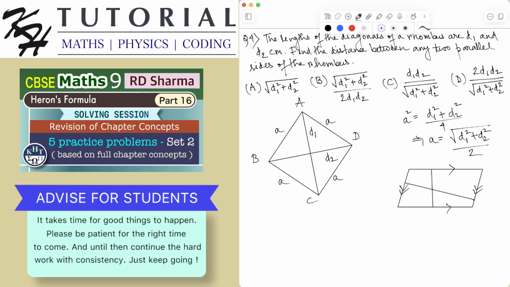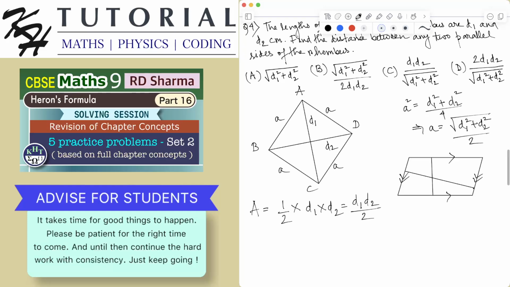Now the area of the rhombus, based on the formula, is half multiplied by the product of the diagonals. So D1 into D2 divided by 2 is the area of the rhombus. Now the rhombus is also a parallelogram.